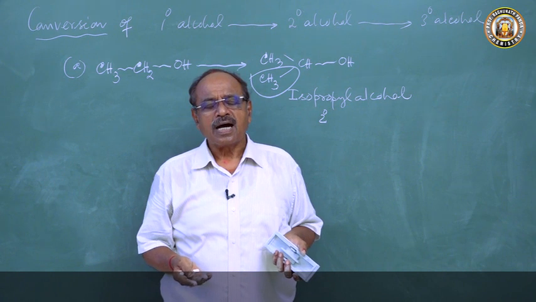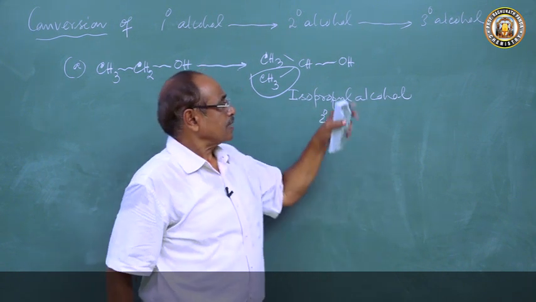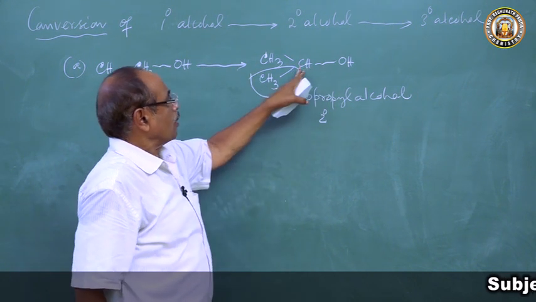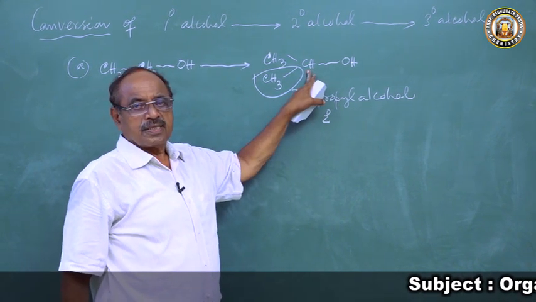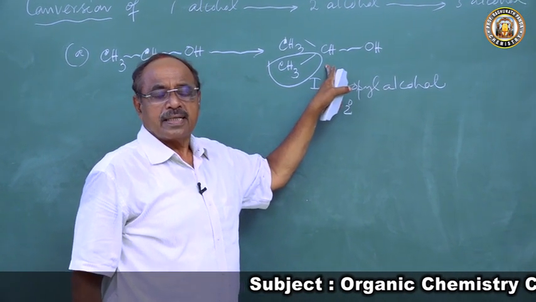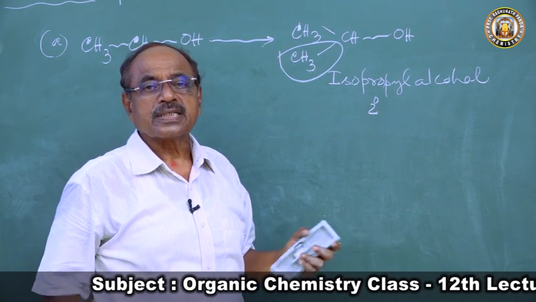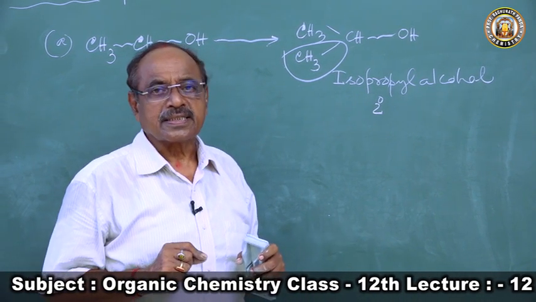Grignard reagent always behaves as R minus. So this carbon atom of the carbonyl has a positive charge, so you can add CH3 there with the help of Grignard reagent. So this is by Grignard reagent synthesis.